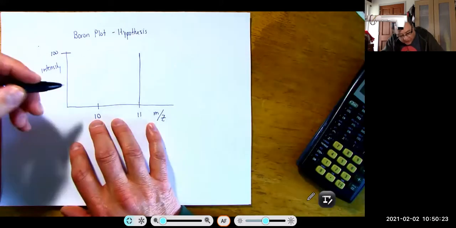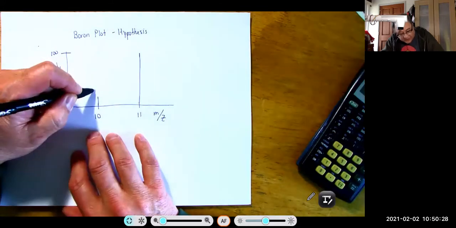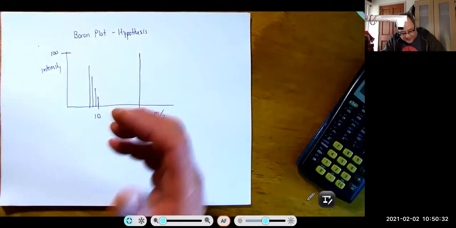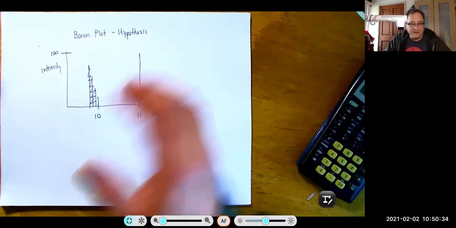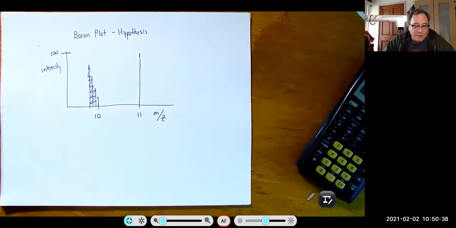Would you draw it this tall? Would you draw it this tall? Would you draw it this tall? How tall would you draw it? That's what I'm asking you to do. Go ahead and draw it. And then once you have it drawn in your lab notebook, take a picture. Save it in your phone because you need to send that.